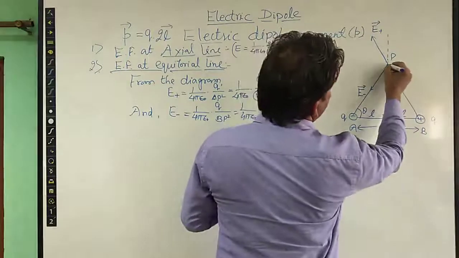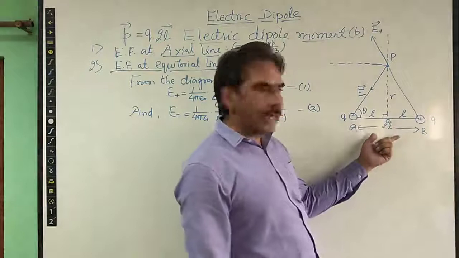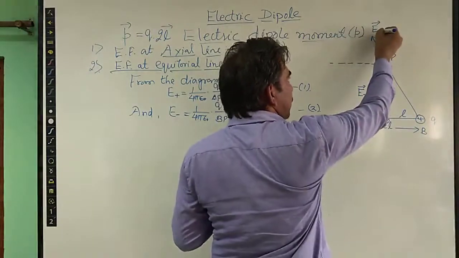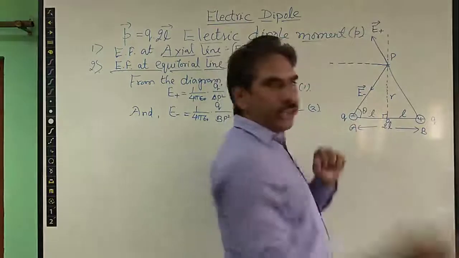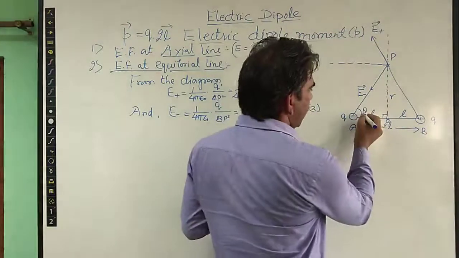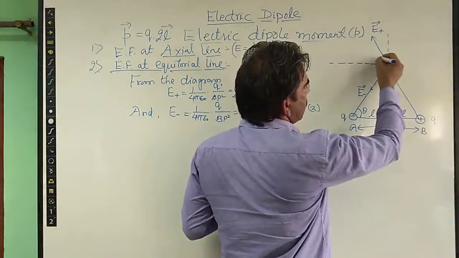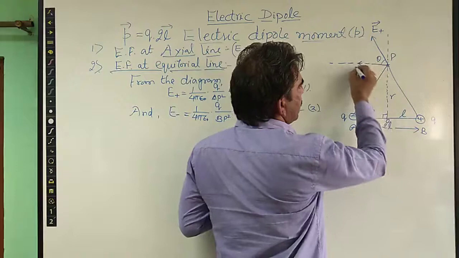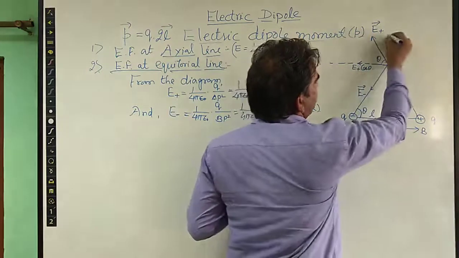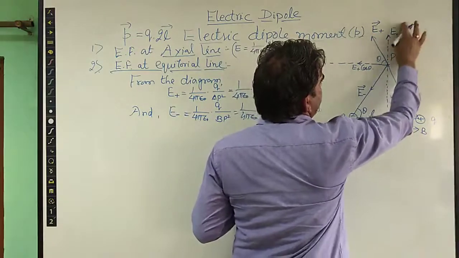So this is a horizontal line parallel to the length of the dipole. We can resolve this component of this electric field due to positive charge into two components. Right? If this is an angle theta, this angle also remains theta. So this component becomes E positive cos theta, and other one becomes E positive sin theta.